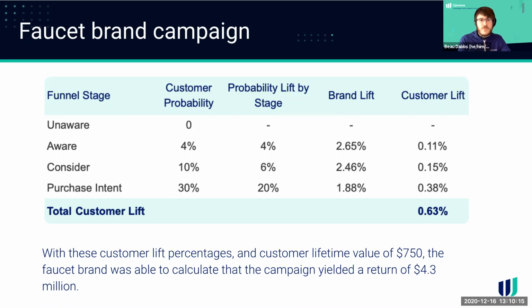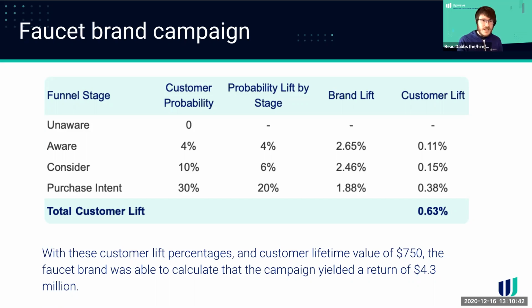Now that we know the relative impact of moving someone from consideration to purchase intent on customer probability, to get the causal impact of the brand campaign, we overlay this data with the causal lift data from Upwave's brand measurement. These brand lift values are estimated using Upwave's exposed control methodology, which estimates the causal impact of a brand campaign on each brand KPI.